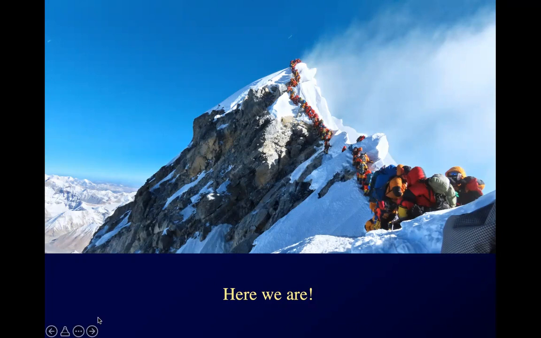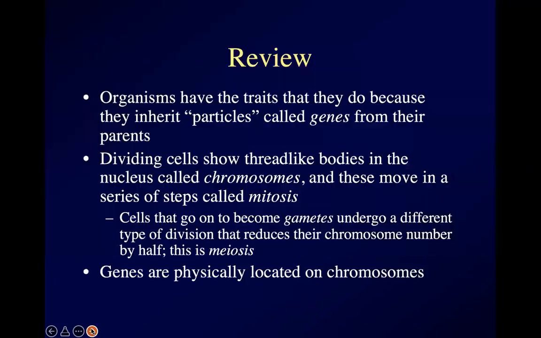So what does this mountain look like? Let's recap a little bit. Organisms have the traits that they do because they inherit these things called genes. This is what Mendel basically worked out. Mendel did not ever get to find out what genes really were, but they behaved like particles, and he called them elements.